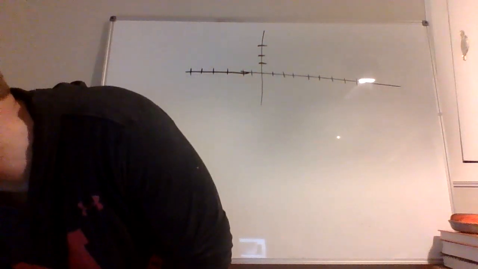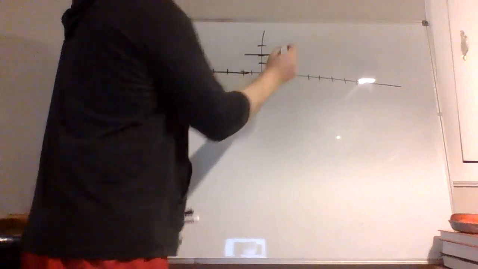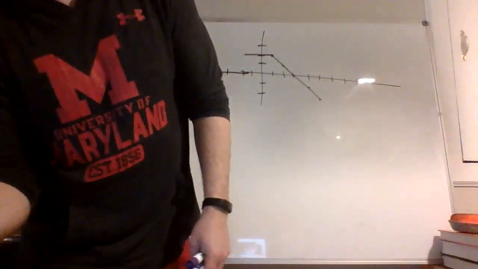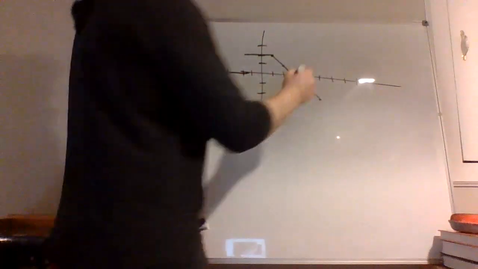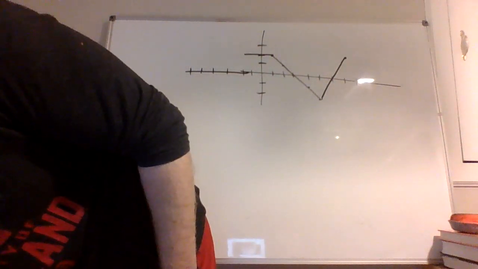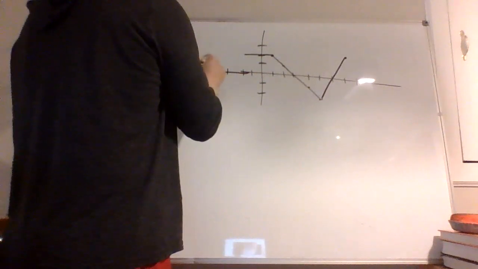So I give you a graph that starts at 1, 2, 3, 4, 5, 6, and then looks something like this.